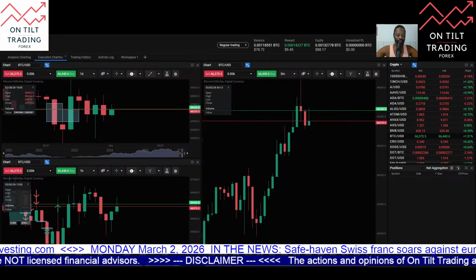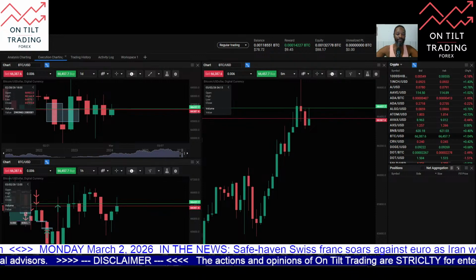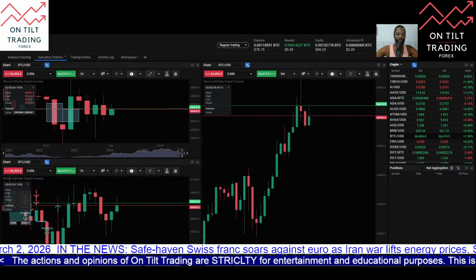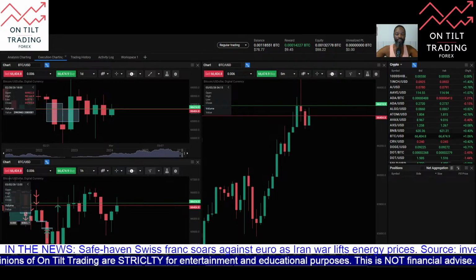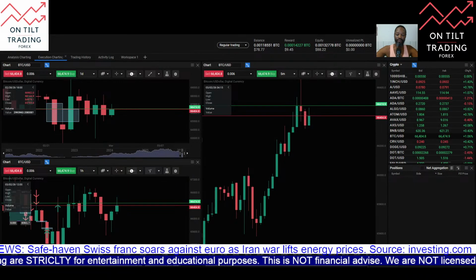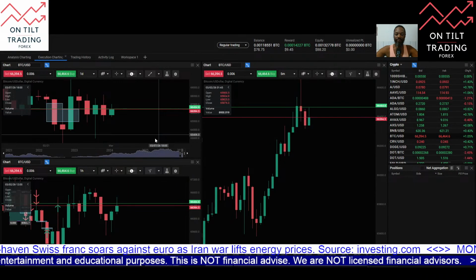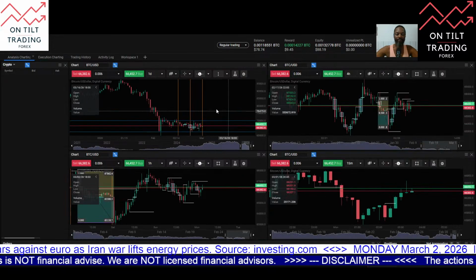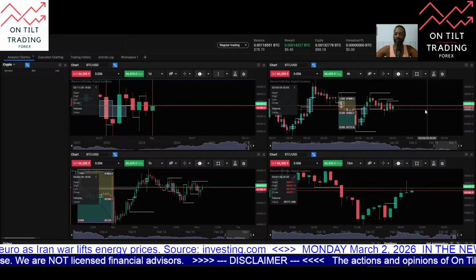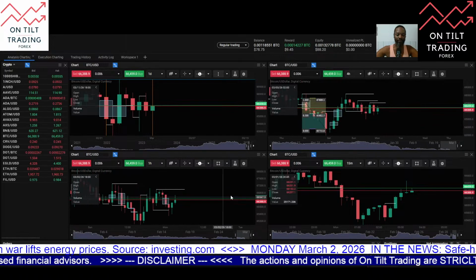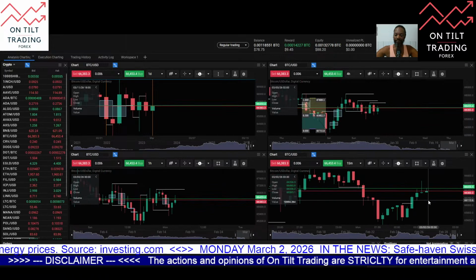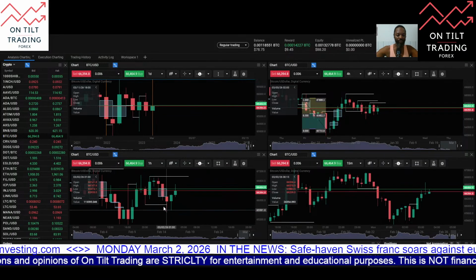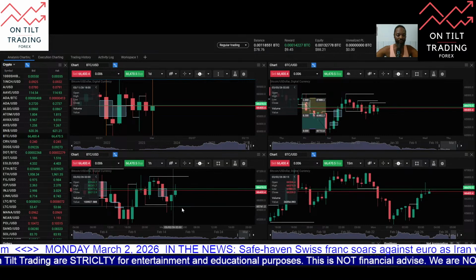Here, London, there's a buy side sweep of liquidity on the daily. Market conditions on the 1-hour chart are trending.